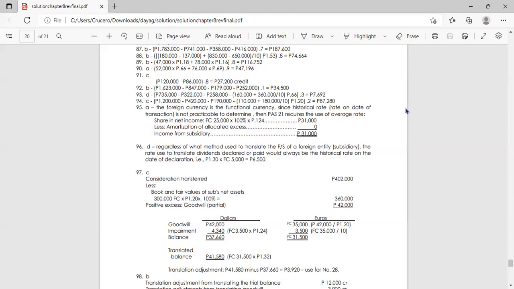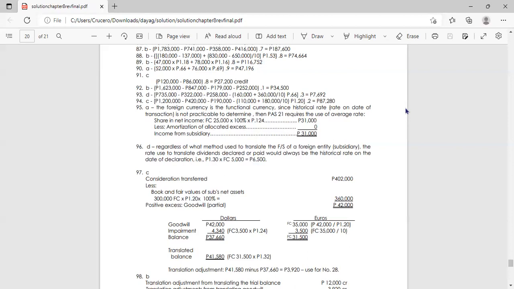Number 95: what amount should have been recorded as income from subsidiary based on the foreign subsidiary's reported net income? So for number 95, our answer is letter A, 31,000. The foreign currency is the functional currency since the historical rate on the date of transaction is not practicable to determine. Then PAS 21 requires the use of the average rate.